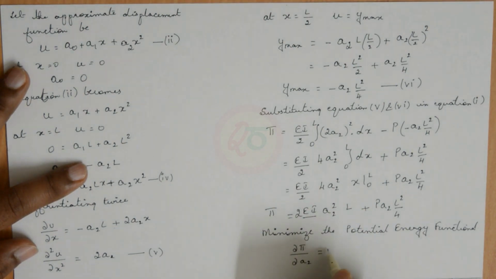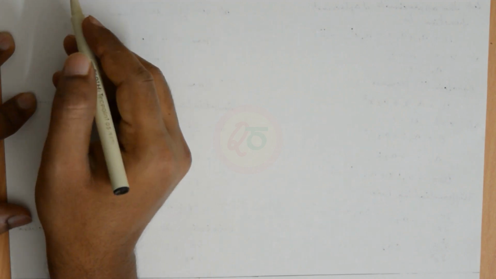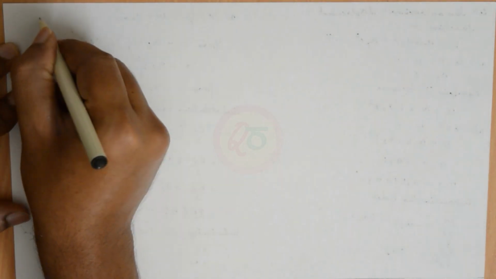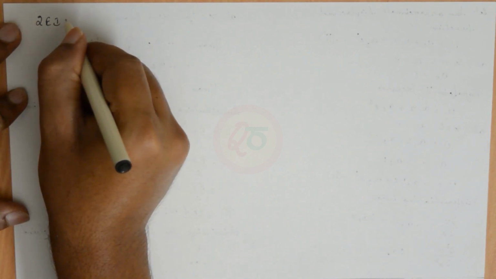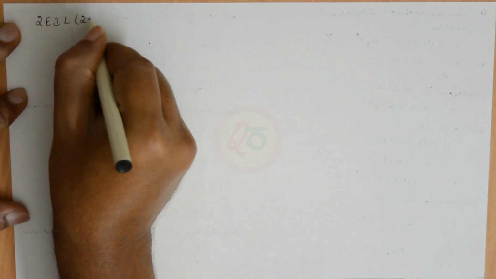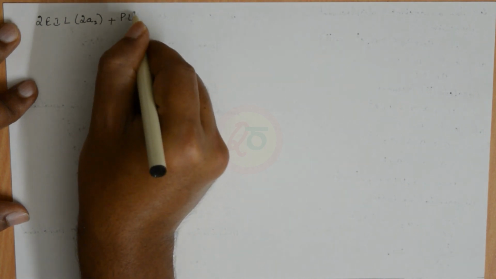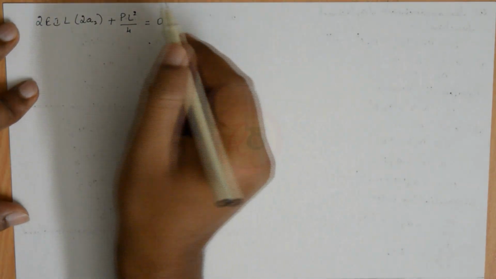Dou pi by dou a2 should be equal to 0. So dou pi by dou a2, if you do it, it will be EI L into 2 a2 plus P L square by 4 is equal to 0.